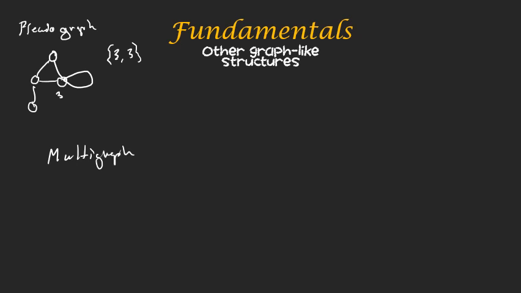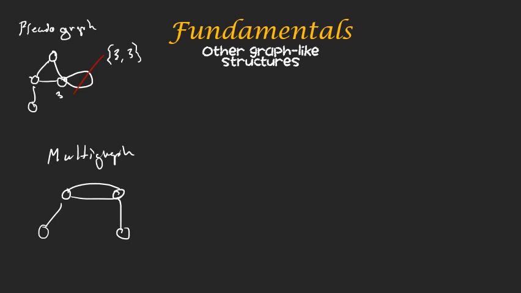Typically we don't allow loops in a graph, and typically we don't allow 2 edges going between the same pair of vertices. In the bridges of Königsberg, we ran into that. That was a multigraph.